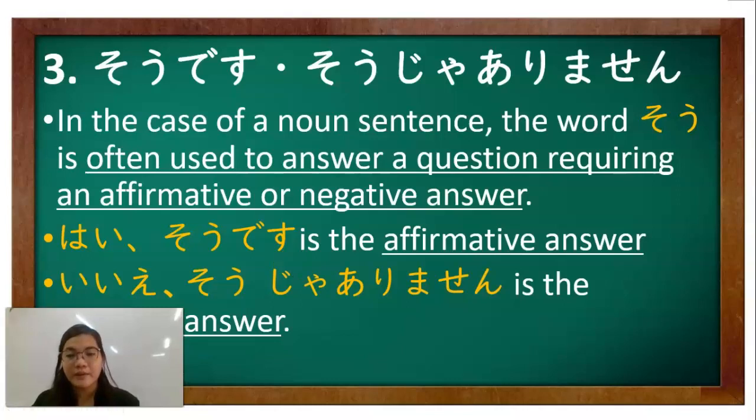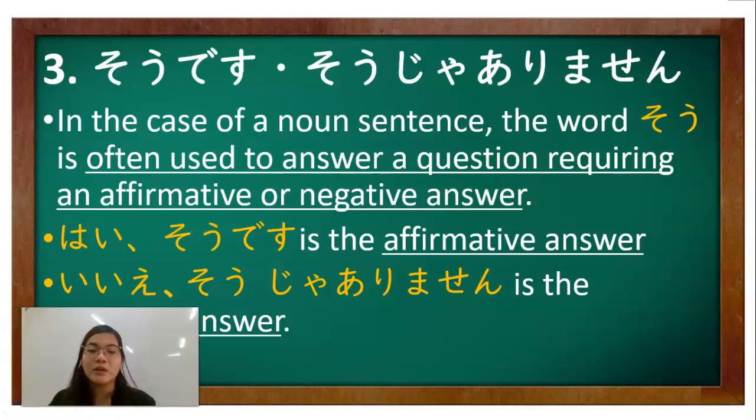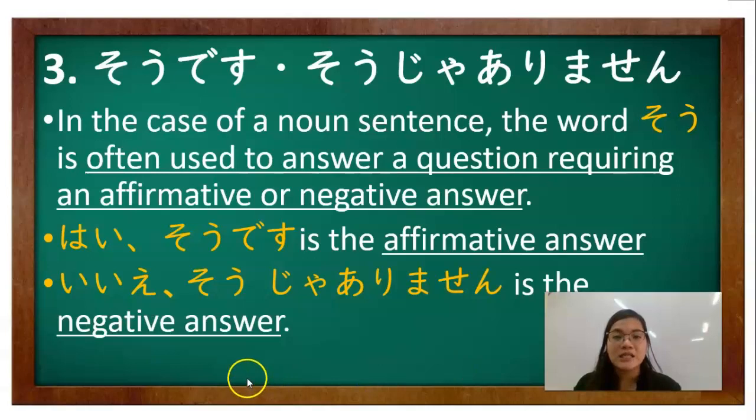Okay, again, hai, so desu is the affirmative answer, and iie, so ja arimasen is the negative answer. So hai, so desu means that you agree to the statement. And iie, so ja arimasen is that you don't agree to the statement.